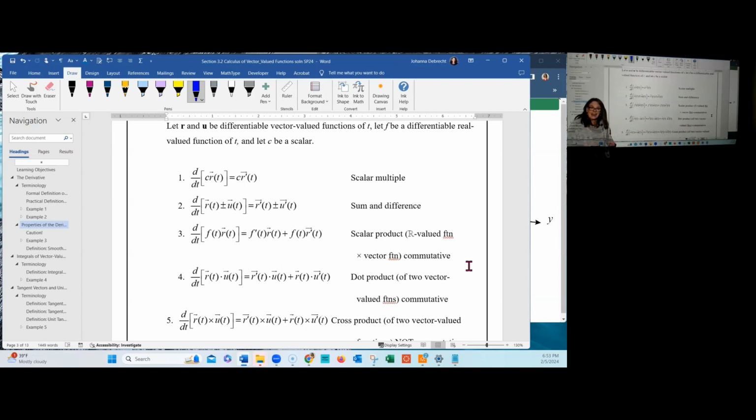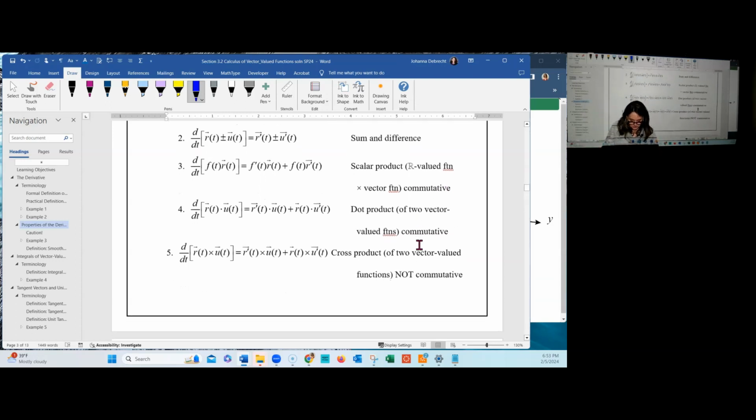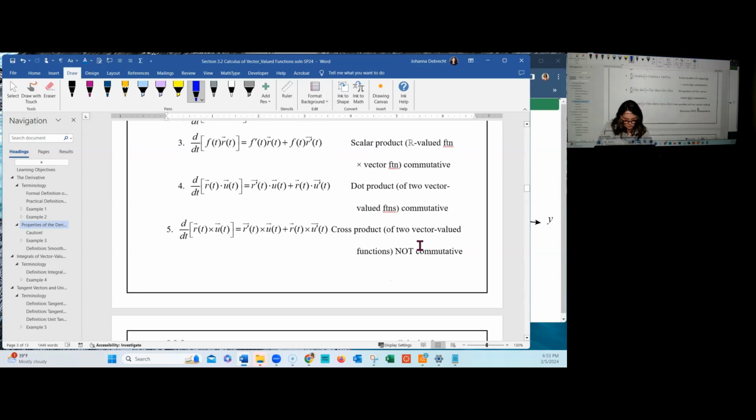The one that is not exactly the same is the cross product. When I look at the cross product, it is not commutative. And the product rule for the cross product is that r prime of t gets crossed with u of t, so derivative of the first crossed with the second, plus the first again crossed with the derivative of the second.